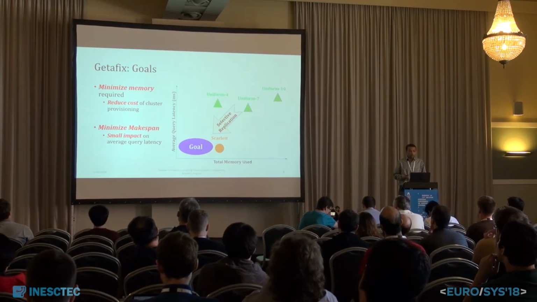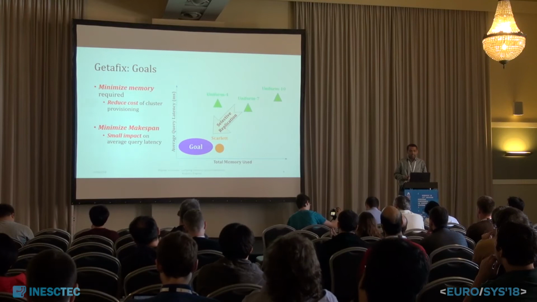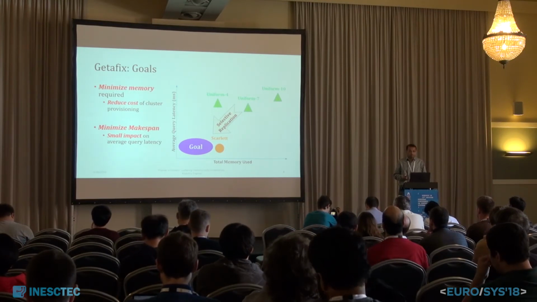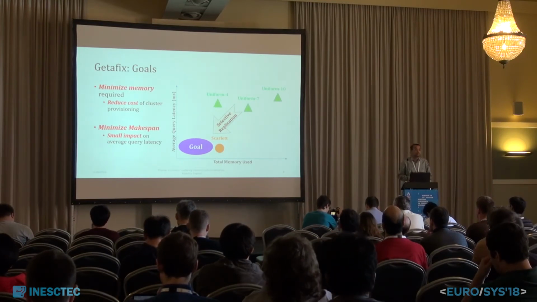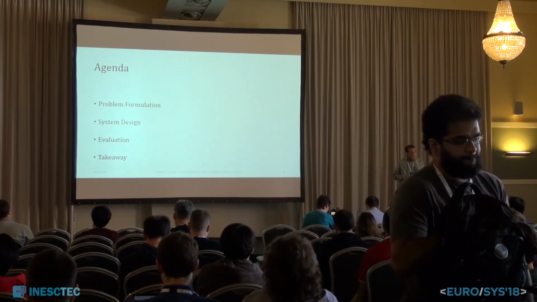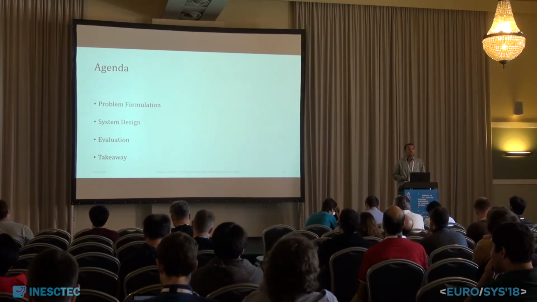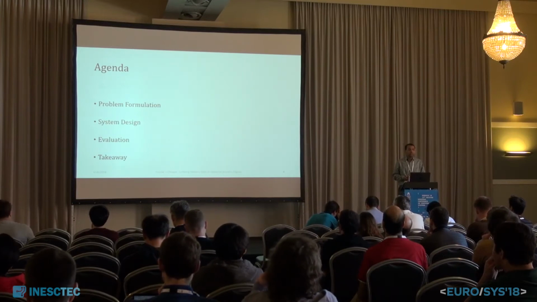We want to minimize makespan. And lastly, by minimizing memory, we want to reduce the cost of cluster provisioning. For the rest of the talk, I'll first describe the algorithm that powers GetFX. Next, I'll briefly describe the system design components, and finally, I'll end with evaluation.